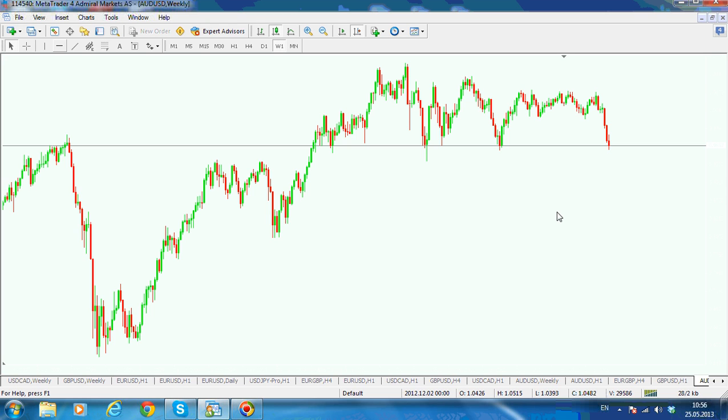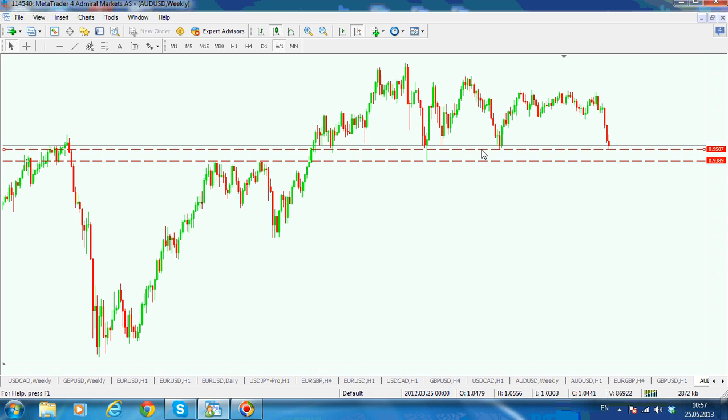Now, in terms of technicals, if you look at this area, where are we now? So I would say that this and this one here, something like around 96, something like this.